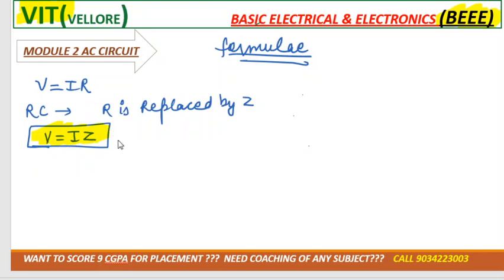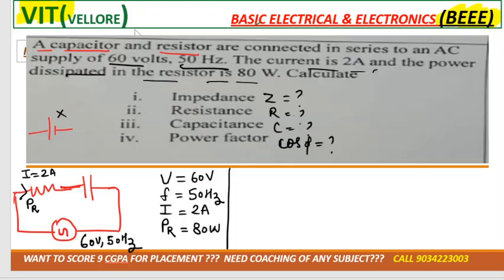In that case you need to use V equal to IZ. Do you know V? That is 60. Do you know current? Can you get Z? 30. Got it? Understood?